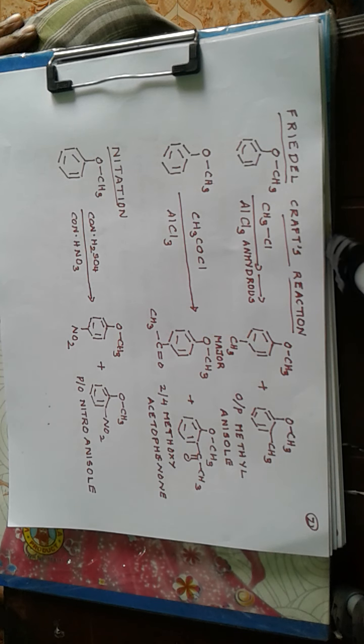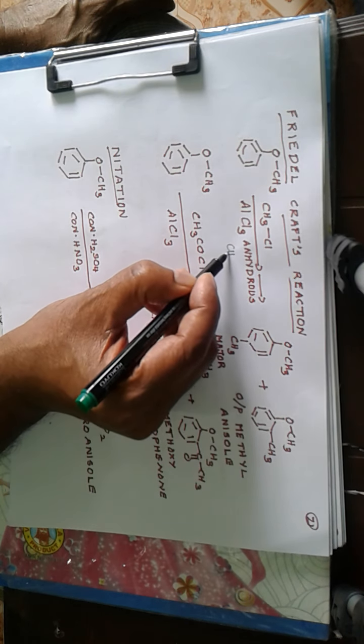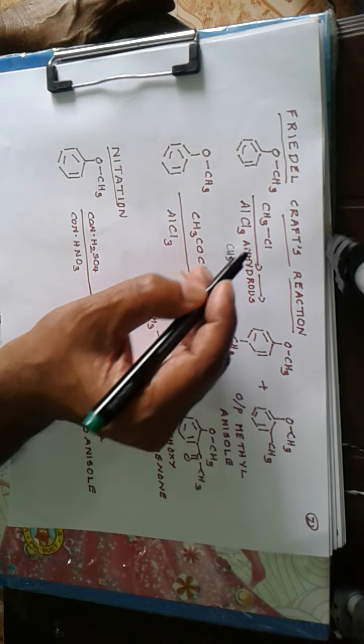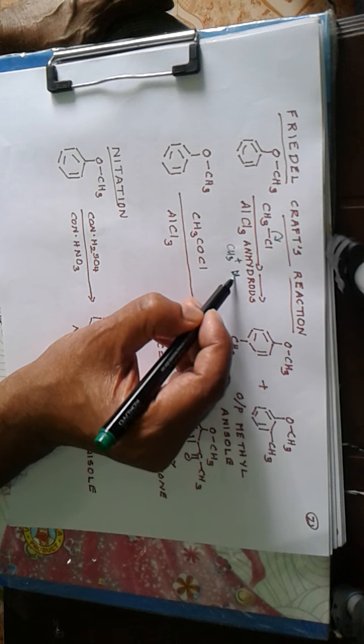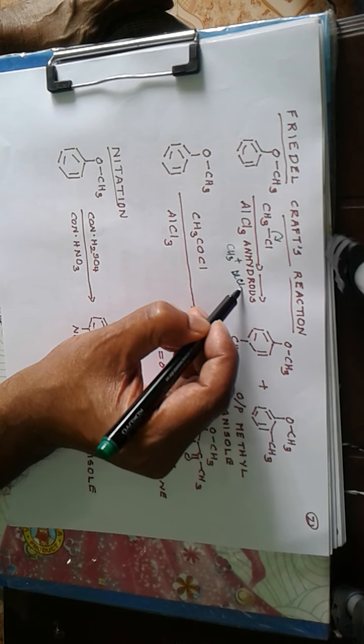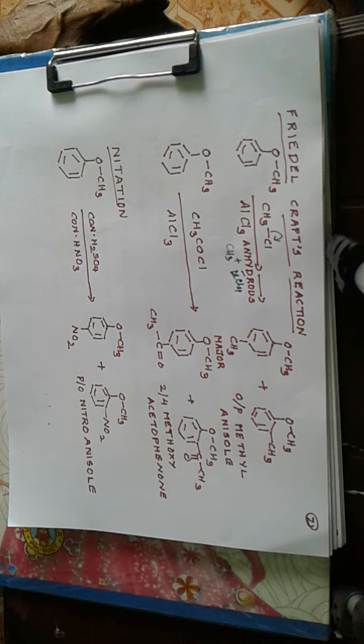And for alkylation, we use the Friedel-Crafts reaction, that is, alkyl halide and anhydrous aluminum chloride. The electrophile is the alkyl carbocation, so here the electrophile is CH3 positive. This ionizes, Cl negative combines with AlCl3 forming AlCl4 negative, because aluminum can provide a vacant orbital.